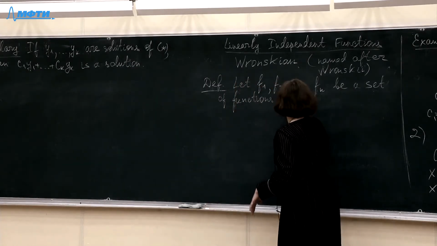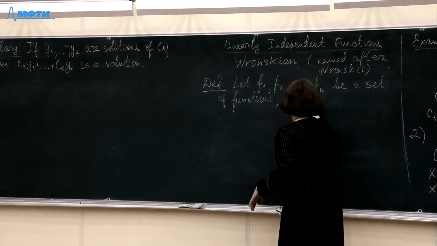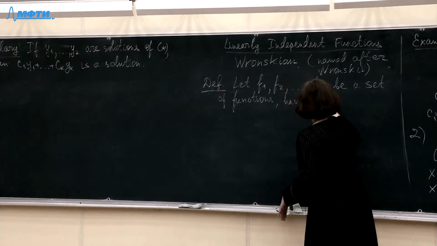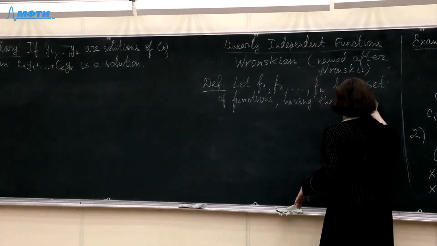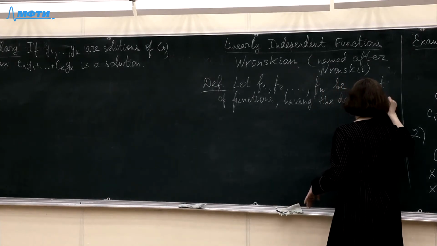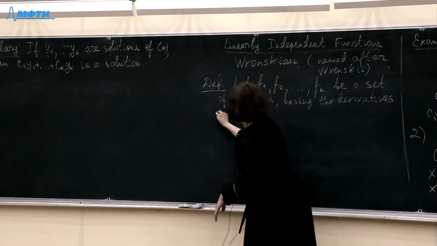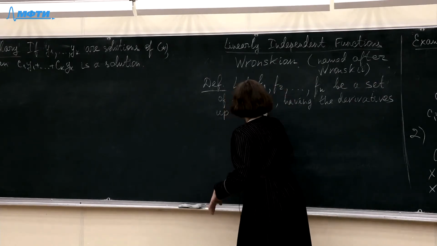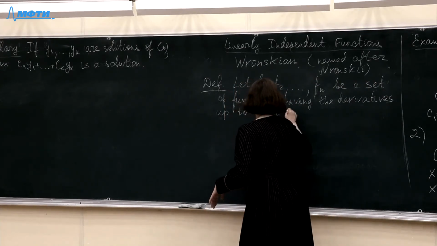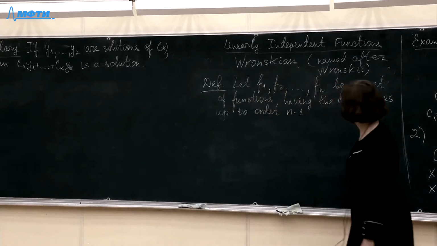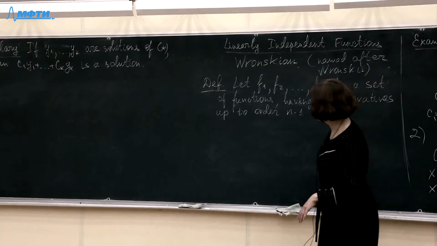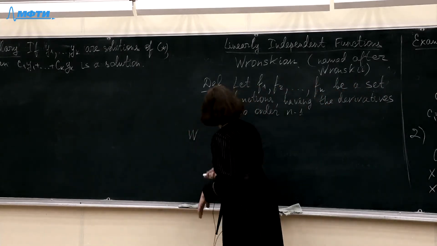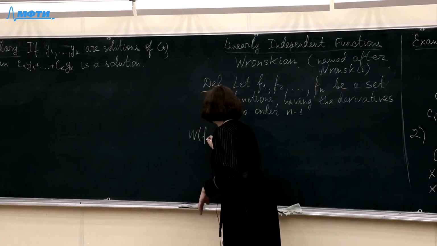having the derivatives up to order n minus 1. Then we can form a matrix, and the determinant of this matrix will be called a Wronskian.